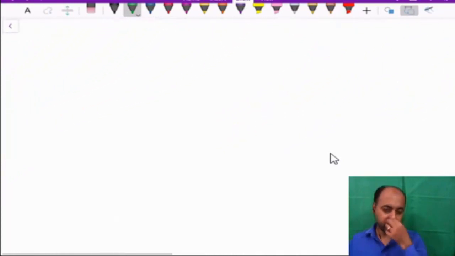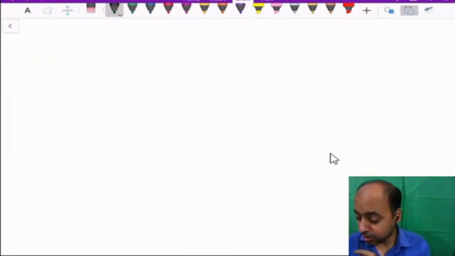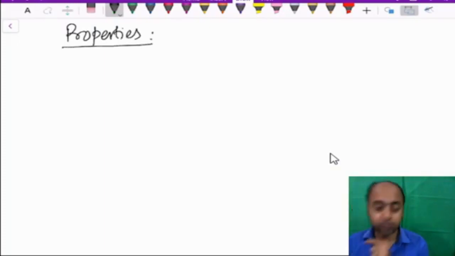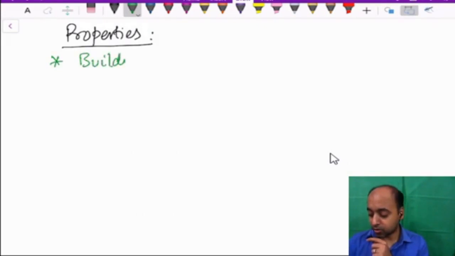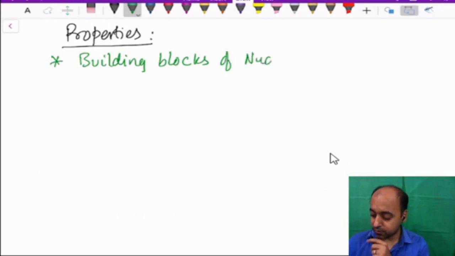So now that we have talked a little bit about the structure of the nucleotides, let's quickly talk about the properties of the nucleotides. First and foremost, the nucleotides are building blocks of nucleic acids.